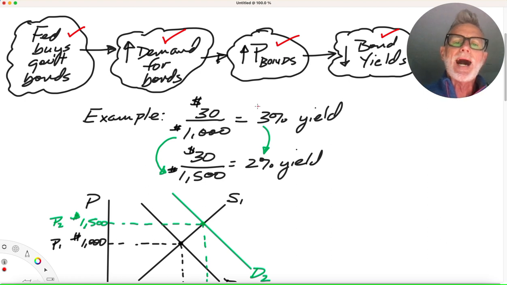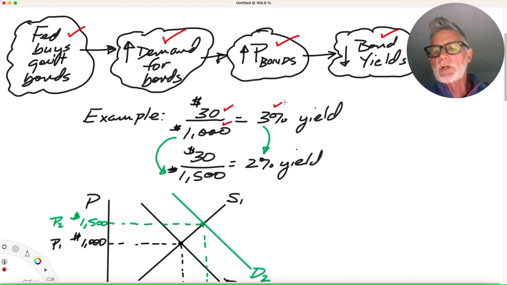If you have a bond that is paying an annual interest payment of $30, and you pay $1,000 for that bond, your current yield is 3%. It's a little more complicated than this, because the yield depends on the maturity of the bond and some other things, which I show in the e-workbook.